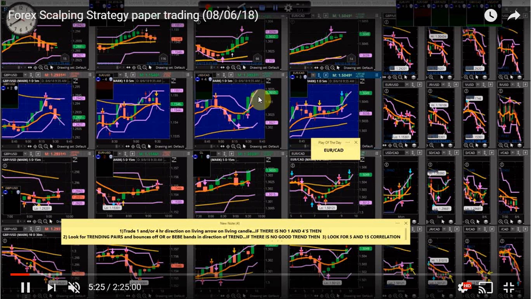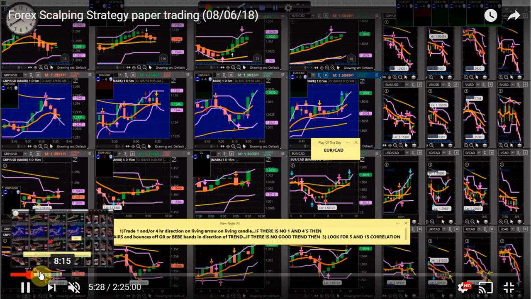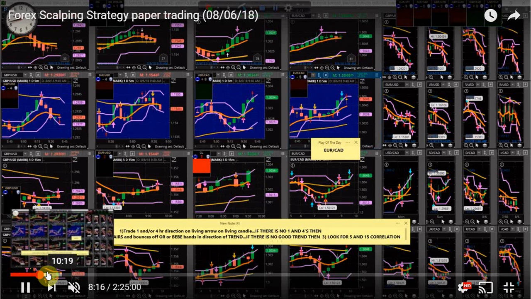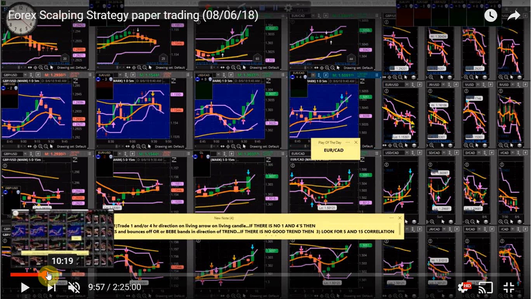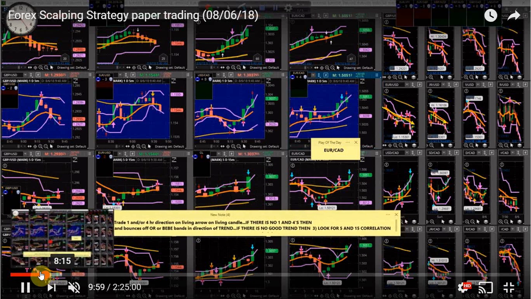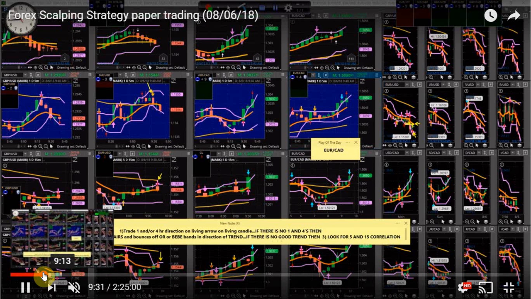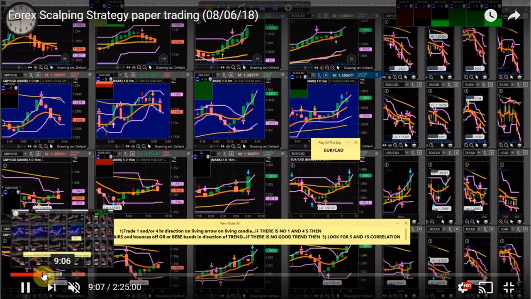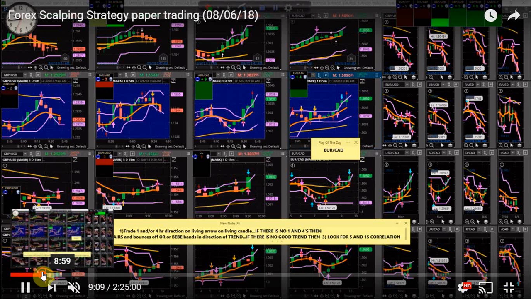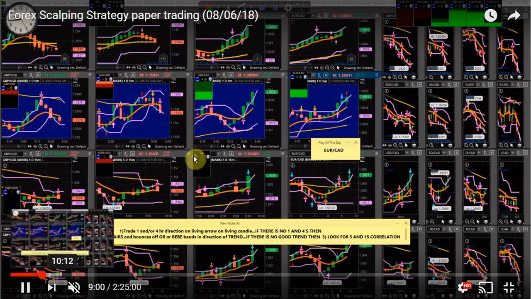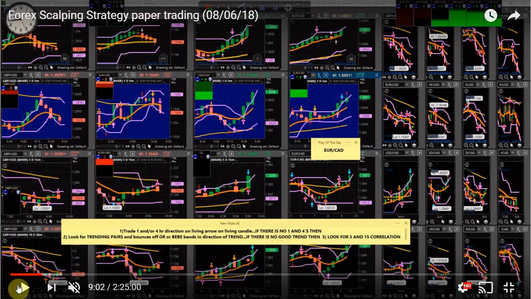But the better trade would be right here. Right here, boom. This is why I say right here, boom.